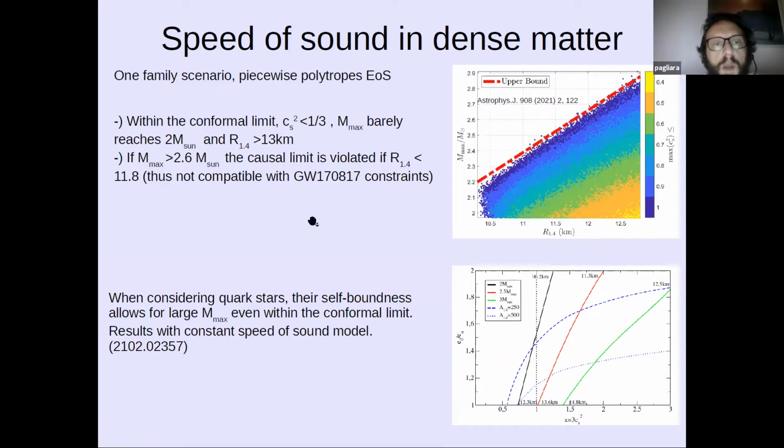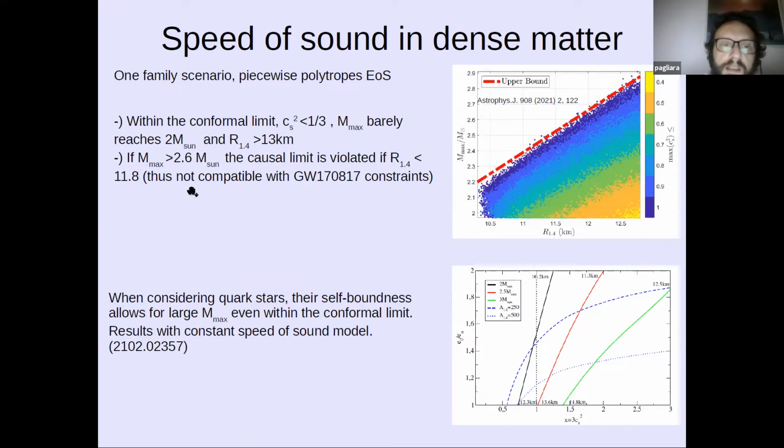First of all, when assuming that the conformal limit is fulfilled, so the speed of sound is less than 1/3, the maximum mass can barely reach 2 solar masses, and the radius of the 1.4 configuration is larger than 13 kilometers, which is in this corner here in the plot, in the low right corner of this figure.